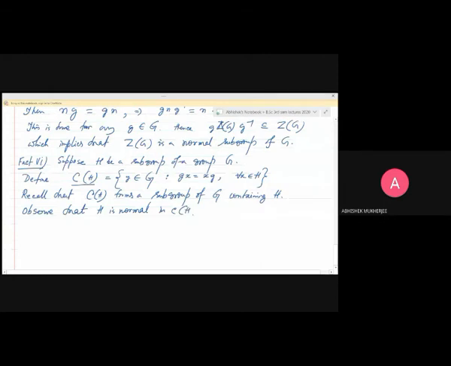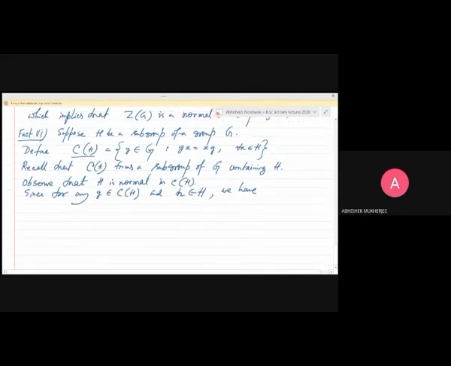Why? Since for any g belongs to C(H) and h belongs to H, since g is in C(H), it commutes with h, then gh equals hg.